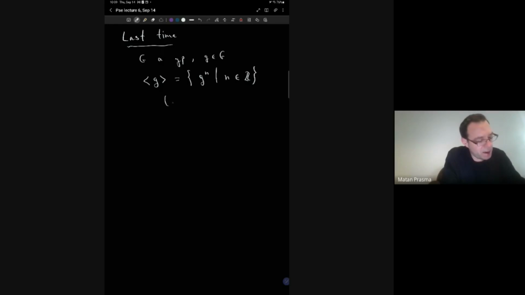I remind you that if n is negative, g to the minus n is simply g to the minus 1 to the n. This is by definition. And this is a subset of G, of course, and this is in fact a subgroup.